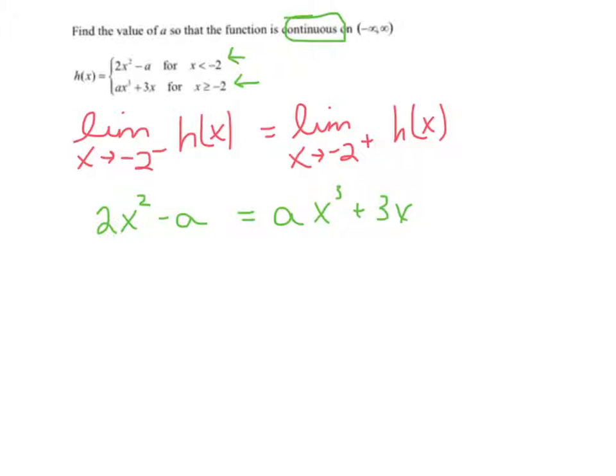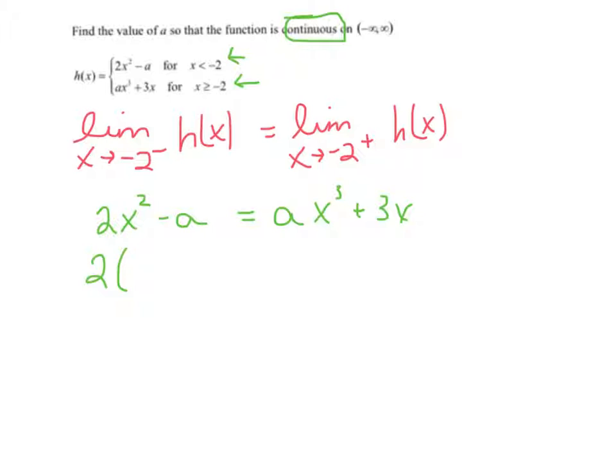Now I do not know what a is. That's what I'm looking for. But I do know what x is. I am looking for when x is approaching negative 2, so that's what I would directly substitute in for x. I'm going to go ahead and plug in negative 2 for x.